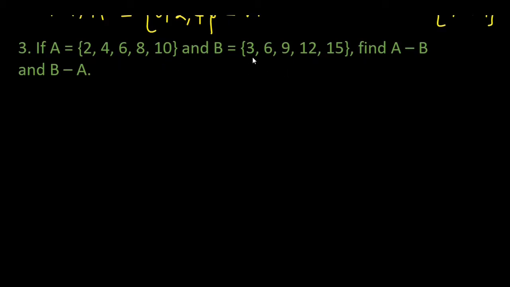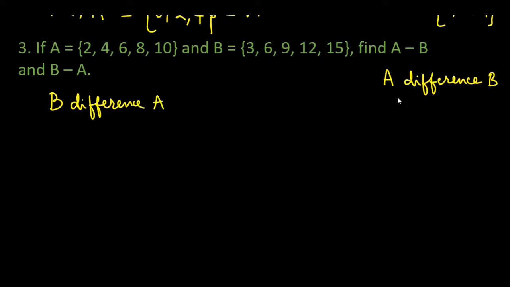Now third one. If A is equal to {2, 4, 6, 8, 10} and B is equal to {3, 6, 9, 12, 15}, find A minus B and B minus A, or we call it A difference B or B difference A. So what is A difference B?